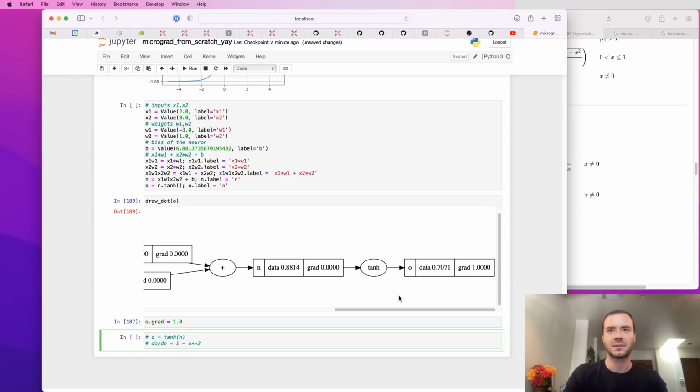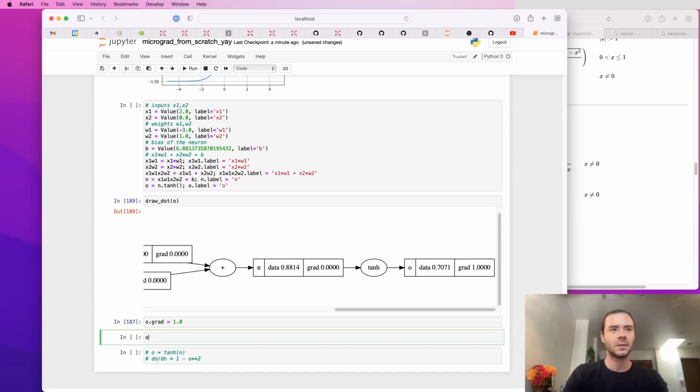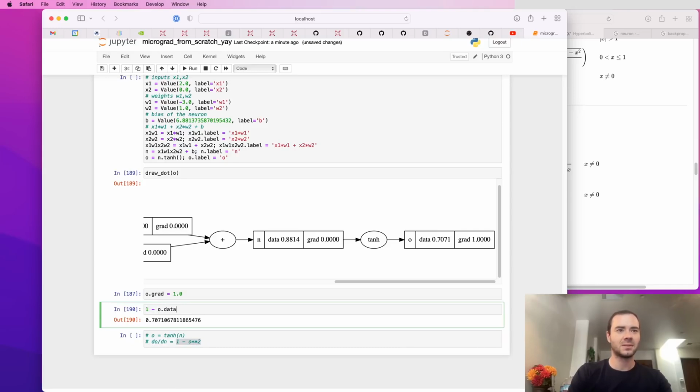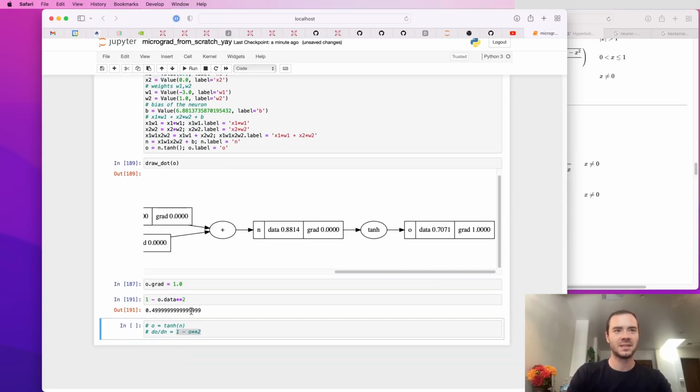So O is the output here. So the output is this number, O dot data is this number. And then what this is saying is that do by dn is 1 minus this squared. So 1 minus O dot data squared is 0.5 conveniently.